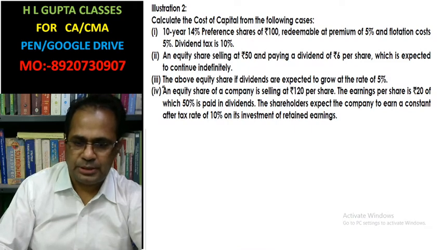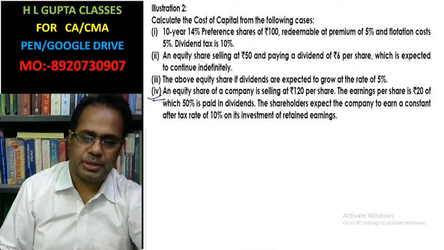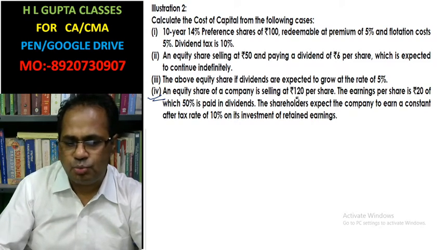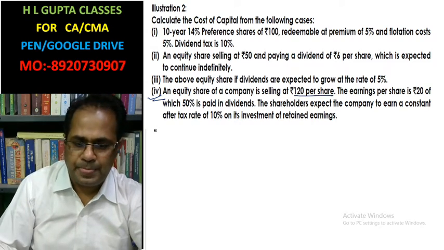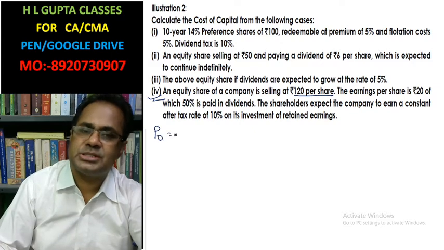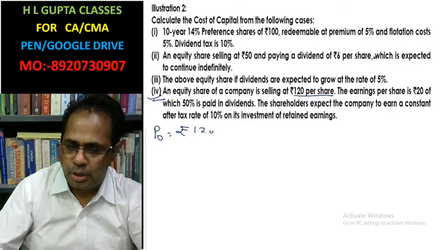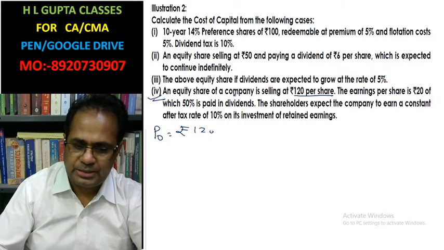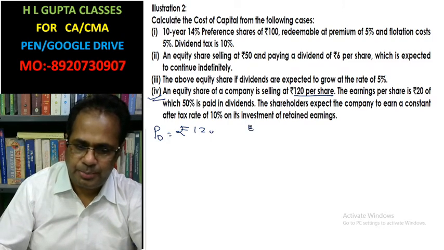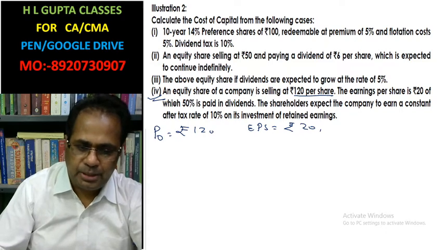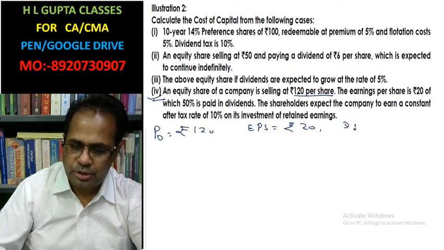Now the fourth part, how is it calculated? An equity share of a company is selling at rupees 120 per share. That is P0, the current market price, which is 120. EPS is rupees 20. Dividend paid is 50%, so the dividend payout ratio is 50%.